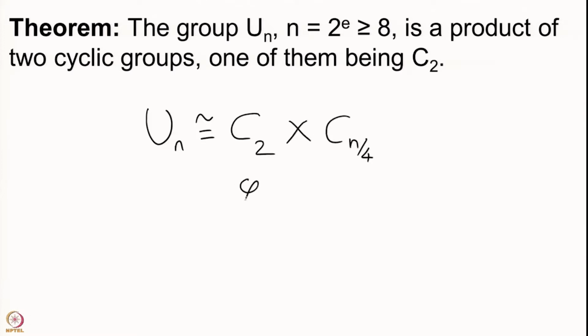Remember that since n is a power of 2, phi(n) is n/2, which is the same thing as 2 times n/4. Your n is bigger than or equal to 8, so n/4 is an integer, that is not a problem.